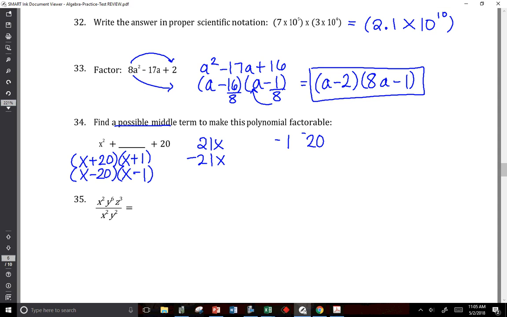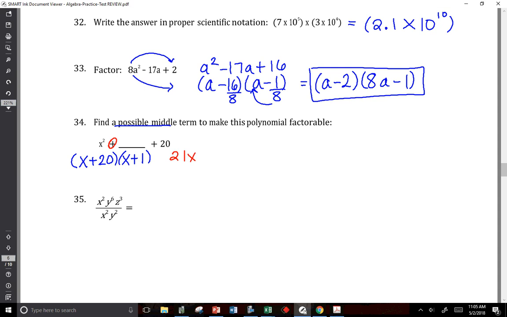So x plus 4, x plus 5, what would that give me in the middle? 9x. What's the right answer? You'll find out. There are possible answers. One of the answer choices listed will be right. Are there any others that we could do? No. Next.